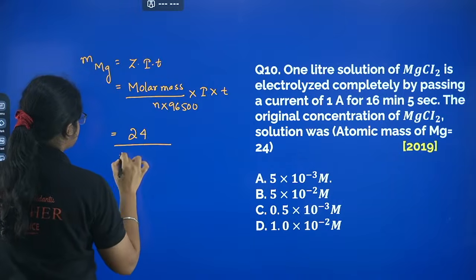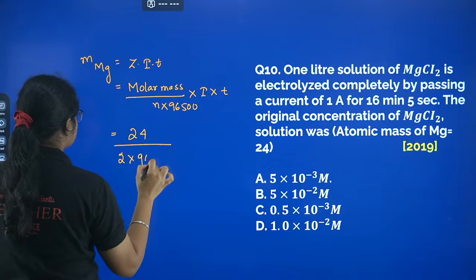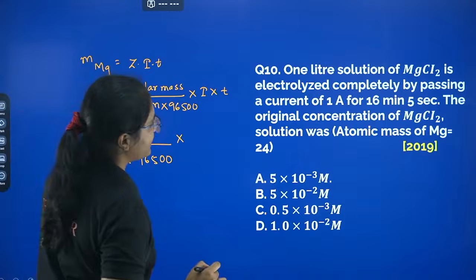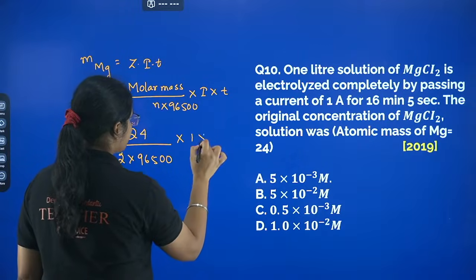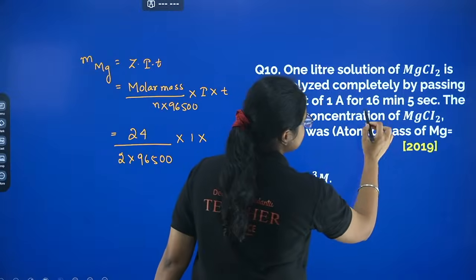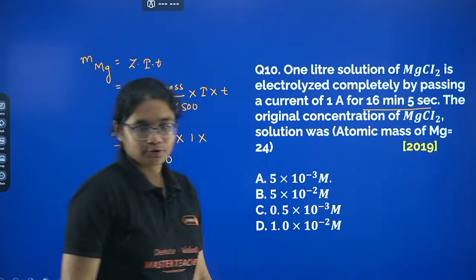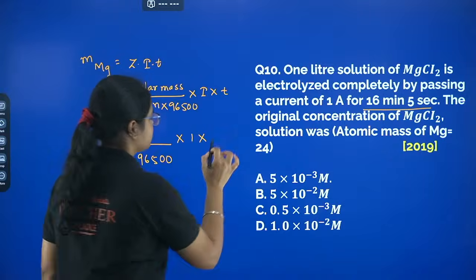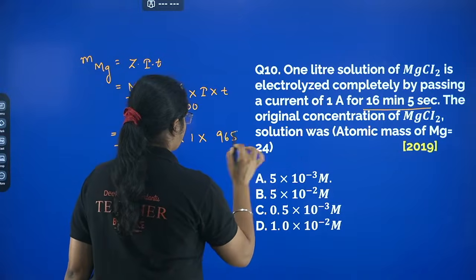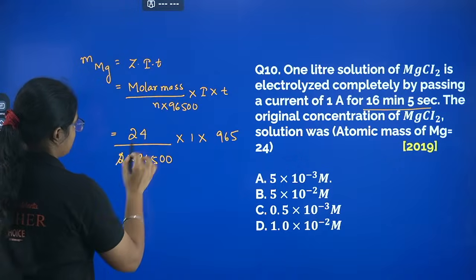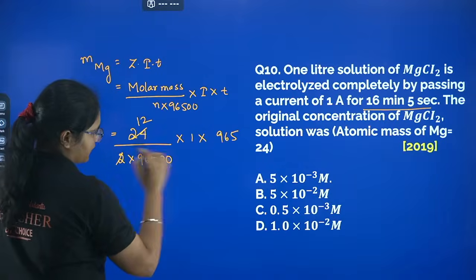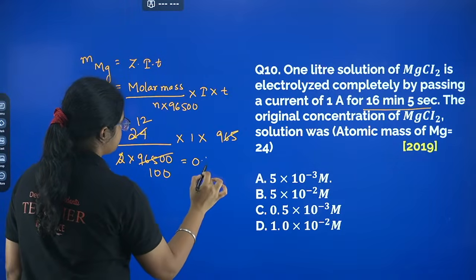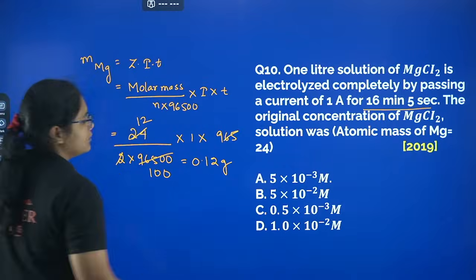This is 2 into 96500. Current is how much? 1 ampere. Now time is 16 minutes and 5 seconds. If you convert it completely into seconds, it will be 965 seconds. Don't have to worry. Now the 2 ones are 2, the 12s are, then I can just write it as 100. So the mass of magnesium deposited is 0.12 grams.